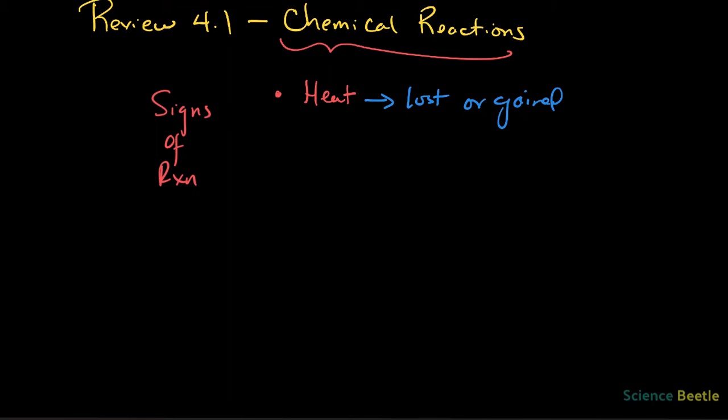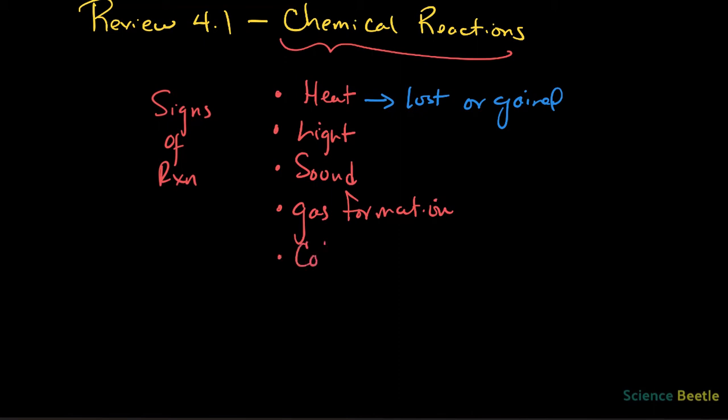But the other item that you need to be looking out for is whether there was light being generated in the reaction. Other things that we can look out for are sound, and gas formation is another one. And so these things here will tell you that a reaction occurred. The other item that you can look for here is going to be a color change.